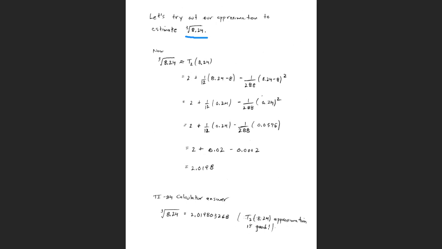So the cube root of 8.24 is approximately the second degree Taylor polynomial evaluated at 8.24. 8.24 is your x value, so you're plugging x of 8.24 into the Taylor polynomial formula.